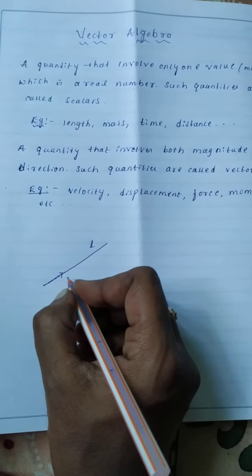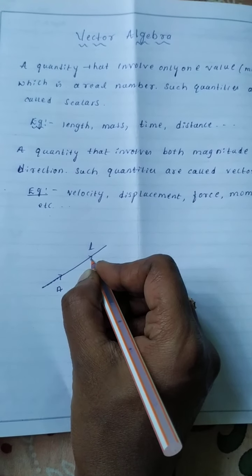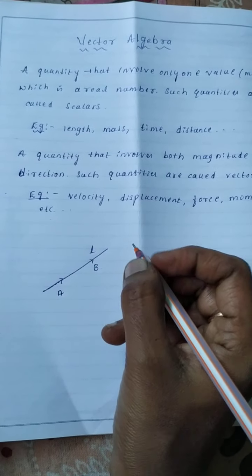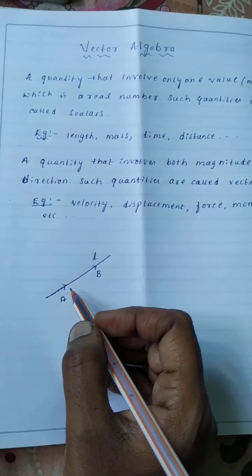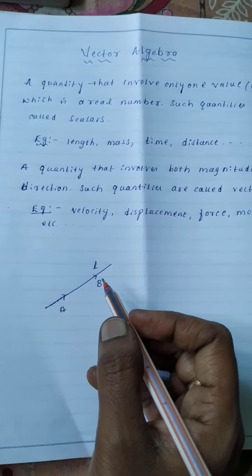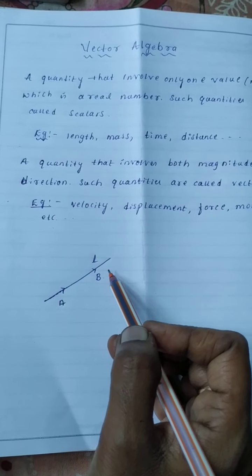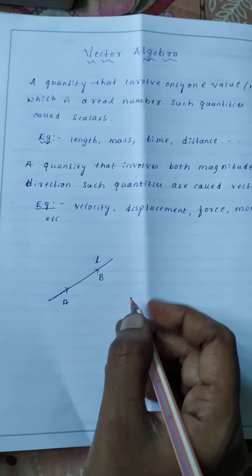So here I'll take one direction and one more direction, that is this one. A line with one of these directions prescribed is called a directed line.